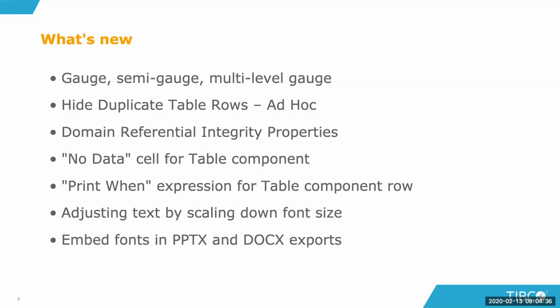The ability to scale fonts when showing text in order to let a text fit a specific area, and the ability to embed fonts when exporting a report to PowerPoint and Word. We are not going to demo this latest feature, but it was important to mention.